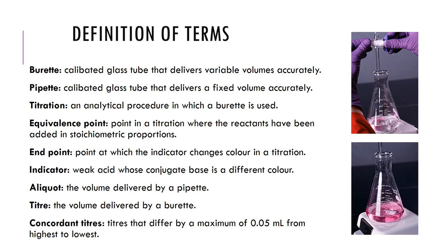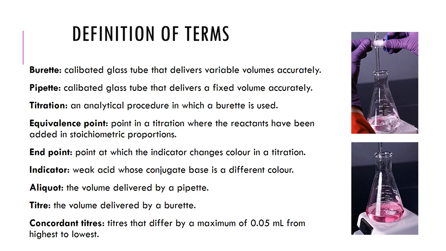So that is in a 1:1 ratio or 1:2 ratio based on the equation. The end point, however, is the point at which the indicator changes color. So that is usually about 1 drop after our equivalence point. The indicators, we talked about these, are a weak acid and conjugate base, where the weak acid is a different color to the conjugate base.